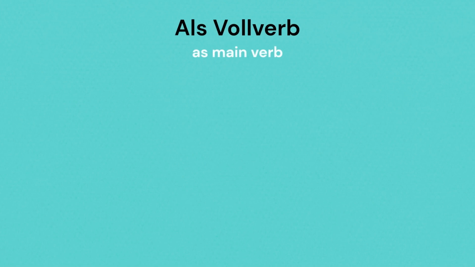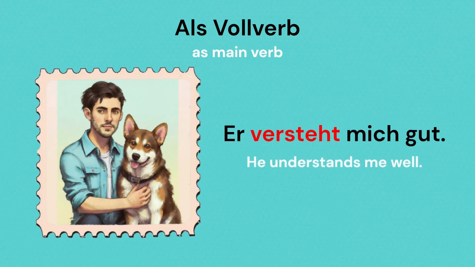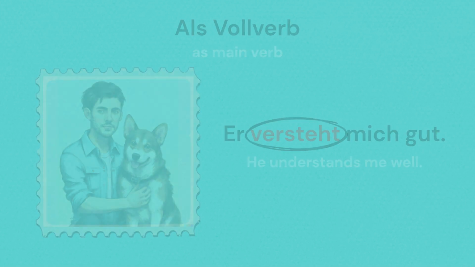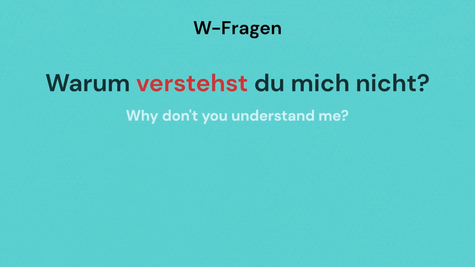How is an untrennbares Verb used as a Vollverb? Versteht mich gut. As you can see, the verb here is in the second position. It is conjugated, but the prefix is not separated from the verb. What happens when we frame questions?